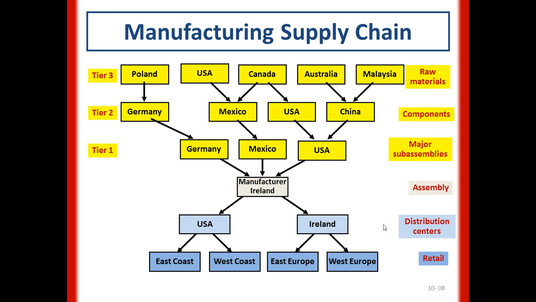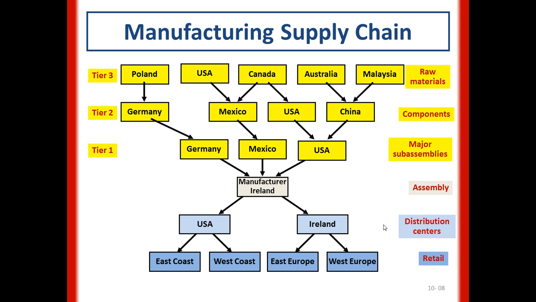Supplier tier 2 supplies materials or components to supplier tier 1. Supplier tier 1 supplies sub-assemblies to the manufacturer. The manufacturer also takes the seller role, selling product to distributors in the USA and Ireland, and also a retailer.